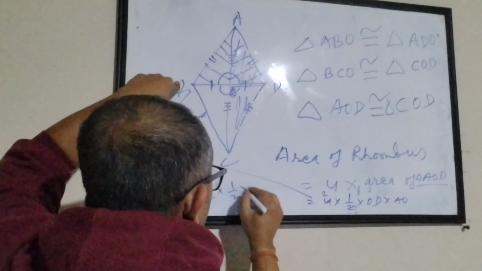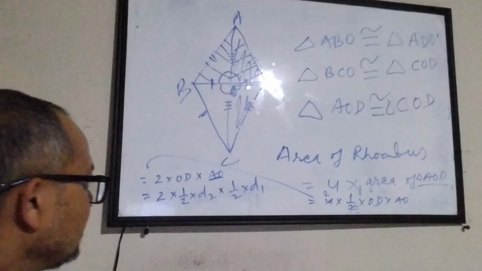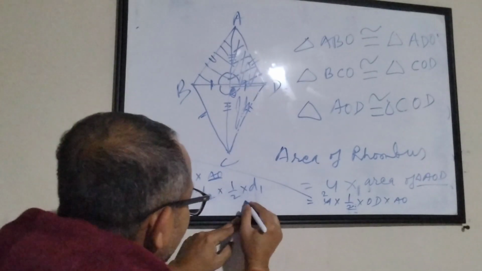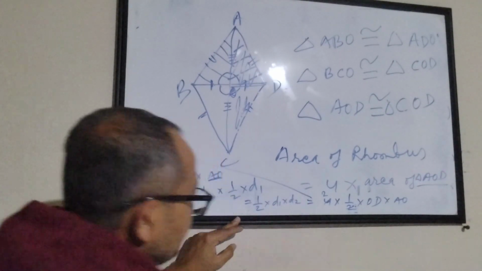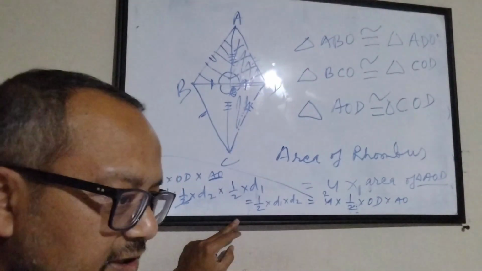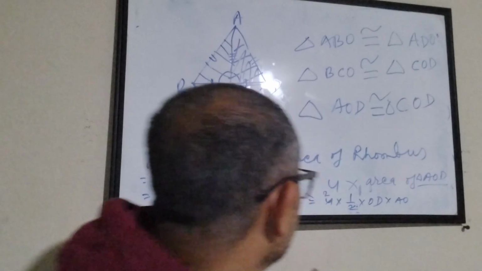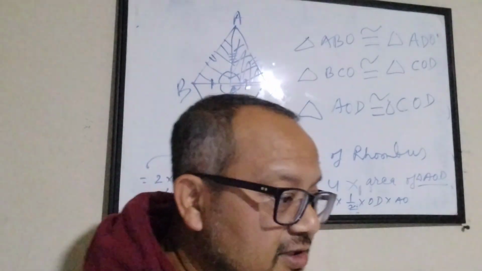So what it becomes is half into D1 into D2. So what it means is, area of a rhombus is half into diagonal 1 into diagonal 2. That's it.